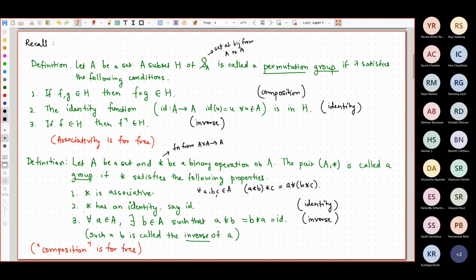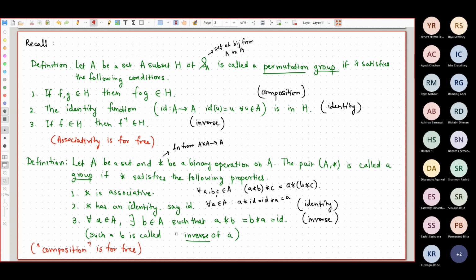Secondly, star should have an identity element, let's say ID, which means it should satisfy that for all a in A, a star ID is equal to ID star a is equal to a. And finally, for every element a of the set A, there should exist an element b such that a star b equals b star a is equal to the identity.